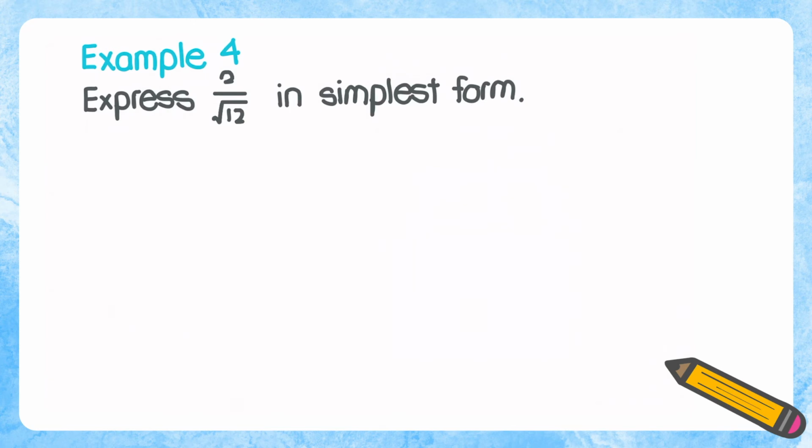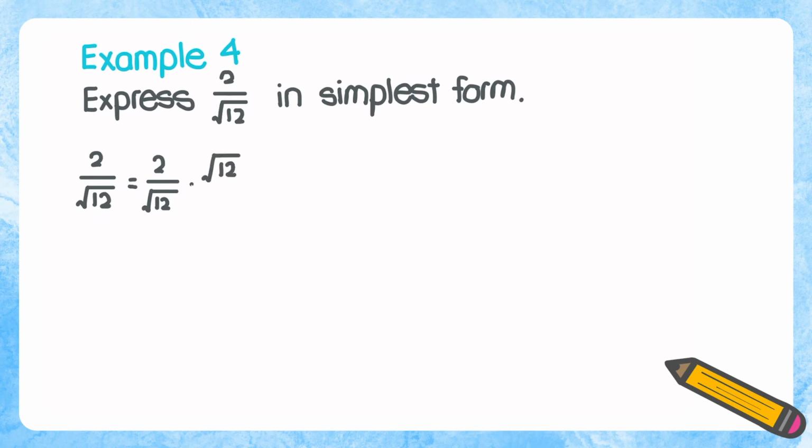Here is our fourth example. Express 2 over the square root of 12 in simplest form. So I have 2 over the square root of 12, and to rationalize the denominator, again, we're going to multiply both the numerator and denominator by the square root of 12.